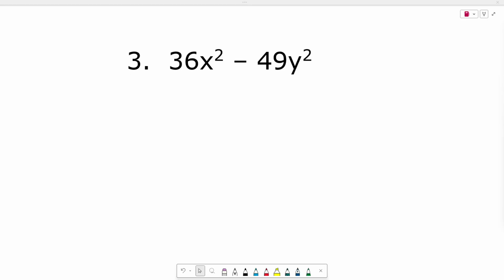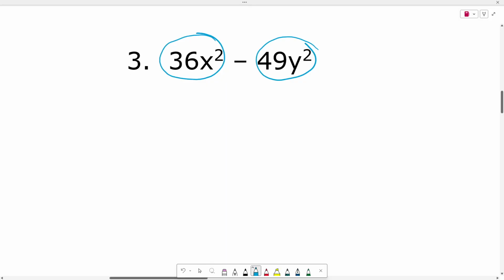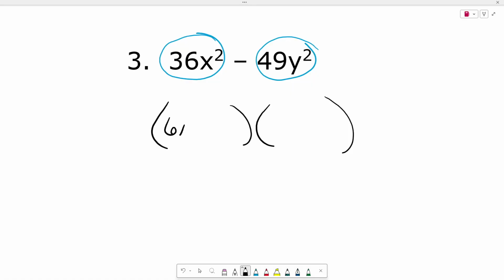Looking here at another example, we have a perfect square here that is 36x squared, and then a perfect square here, 49y squared. So I'm going to drop down and put my two sets of parentheses. The square root of 36x squared is 6x, and I put that at the front side.